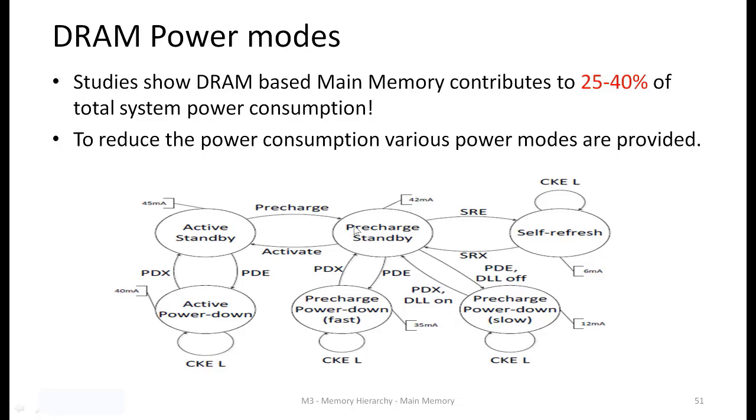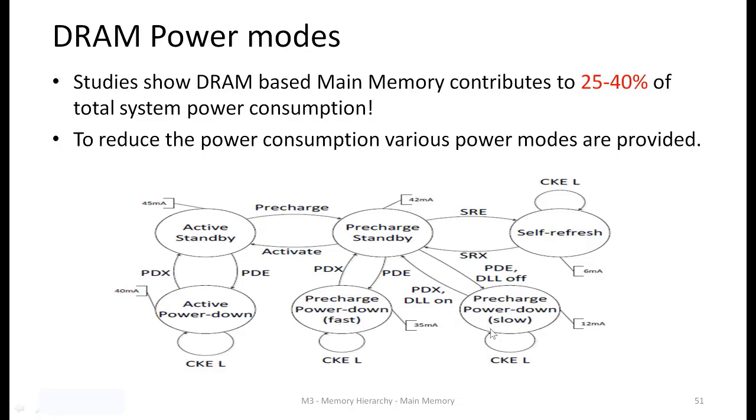and the data is not visible or accessible to the core. Now when the DRAM is in active state, there are other possible state transitions which can happen based on the utilization of DRAM. There are some power down modes: active power down and precharge power down. Two variants, one is the fast variant, other is slow.